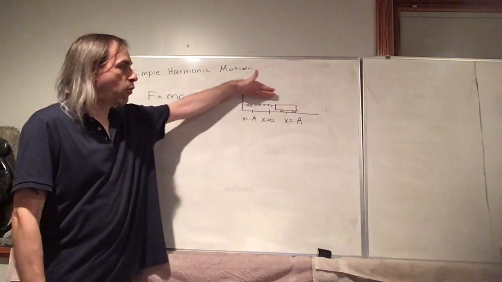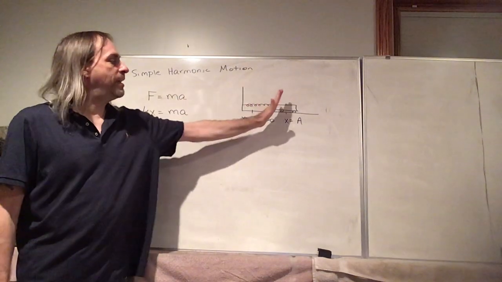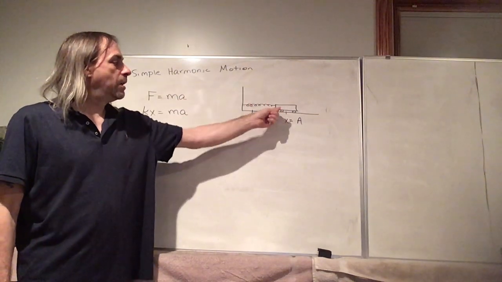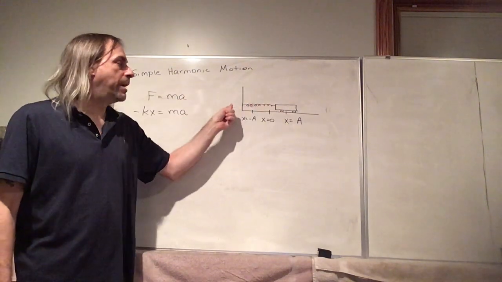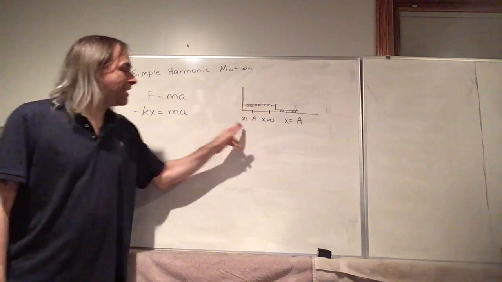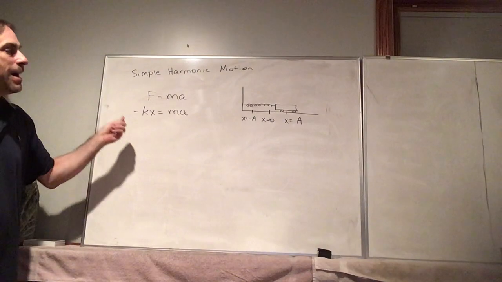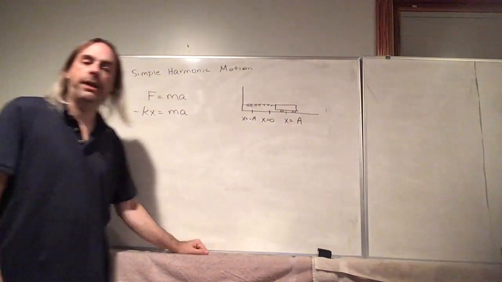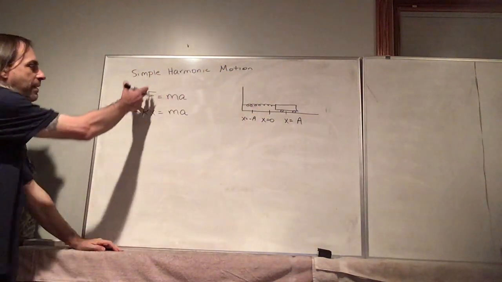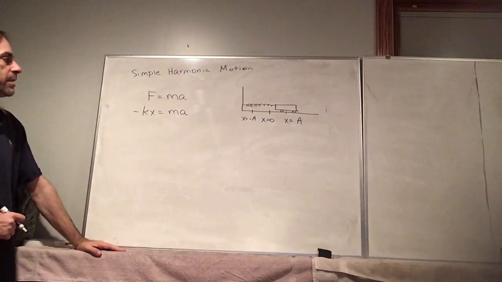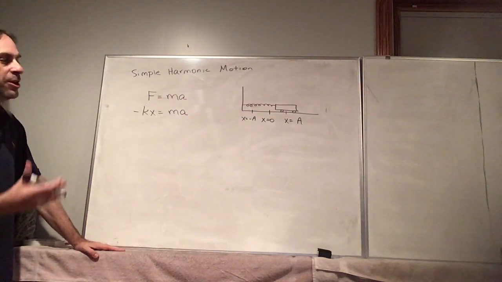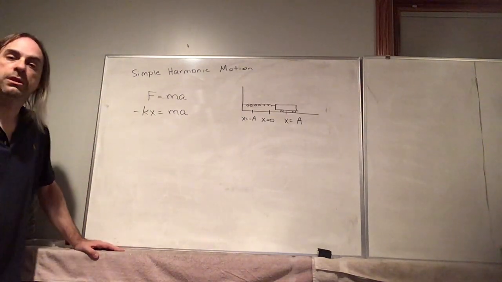If we're over here, the force is to the left. But then as we cross 0, it's slowing down now. X is negative, so if we plug in a negative number, we get a positive force, which is to the right. And so this force gives us the right magnitude and direction regardless of where we are.